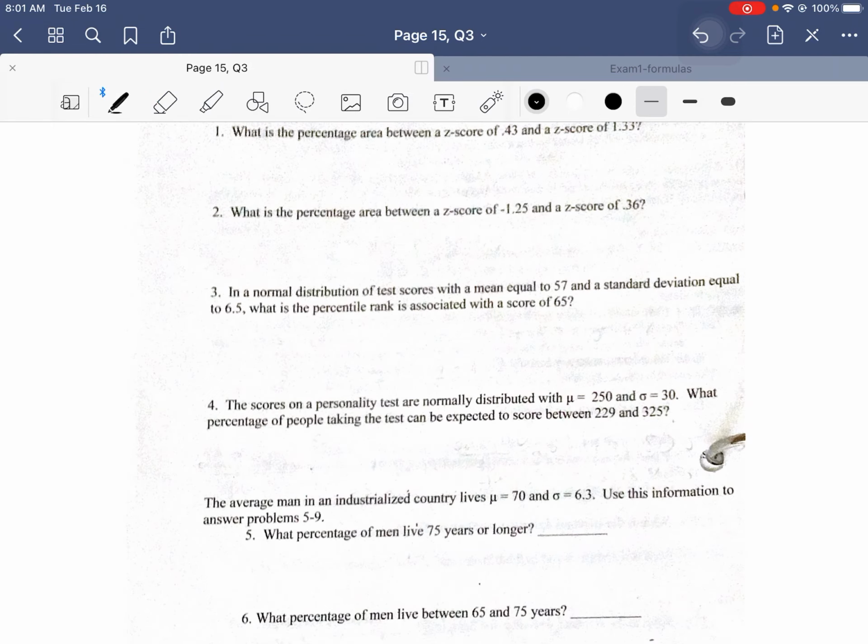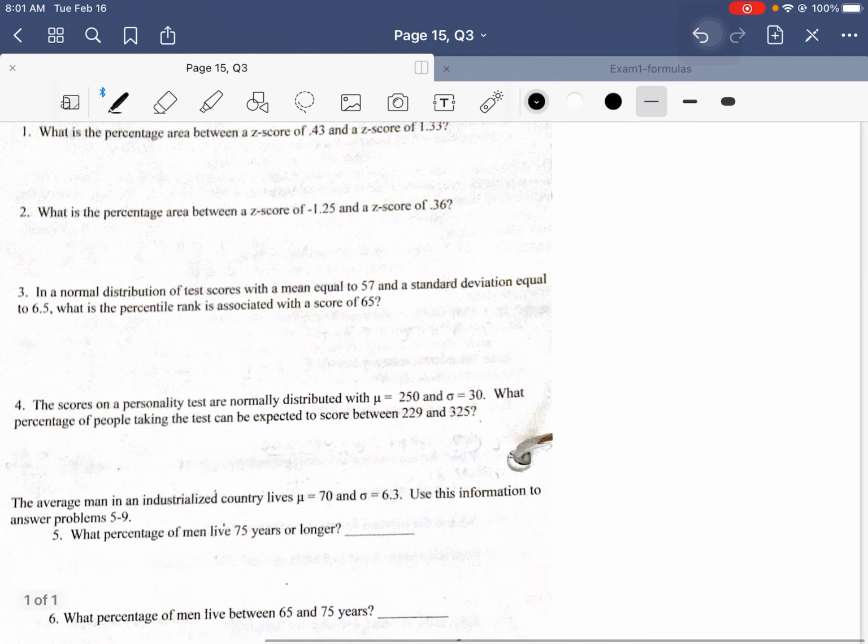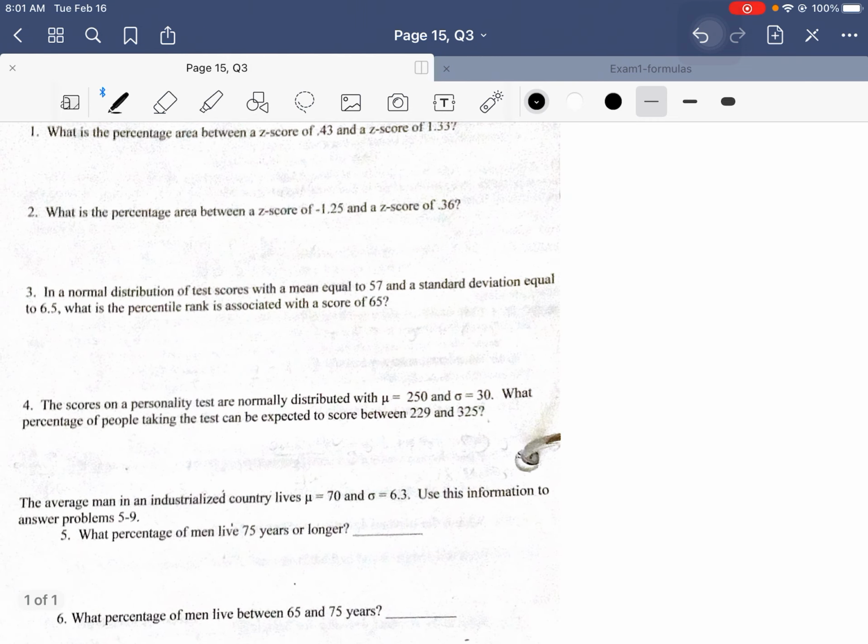So the first thing I would like to do is just sketch this out so I can visualize what it's asking for. I'm going to dot this off as the mean.